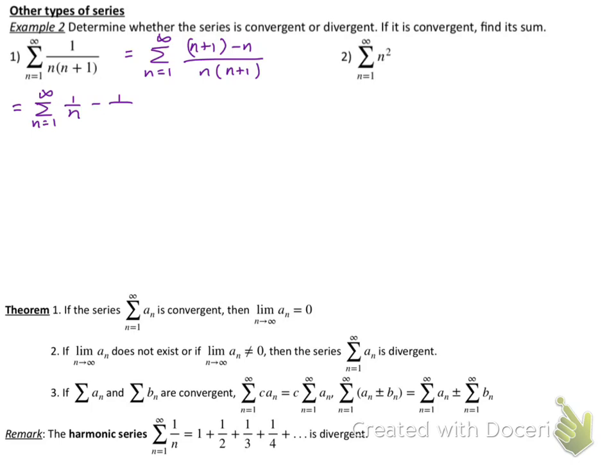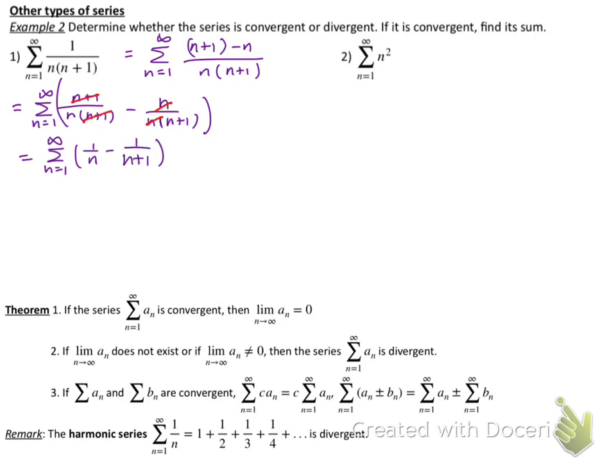Well, maybe let me write it out for you. It is n plus 1 over n times n plus 1 minus n over n times n plus 1, where you cancel the common factors and you get the sum from n equals 1 to infinity of 1 over n minus 1 over n plus 1.